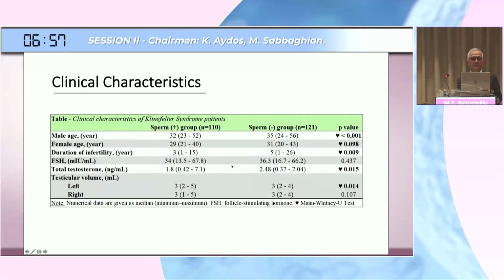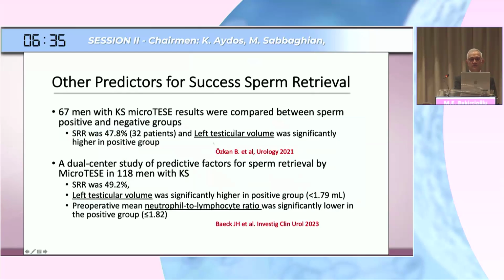And we checked the clinical characteristics. Of course, the sperm positive group has a younger age, and we saw that left testicular volume is lower in the sperm negative group compared to the sperm positive group. That was an interesting finding for me. And I also checked the literature, and we found that from Turkey, another study from 2021, they also saw the left testis volume is significantly higher in the positive group.